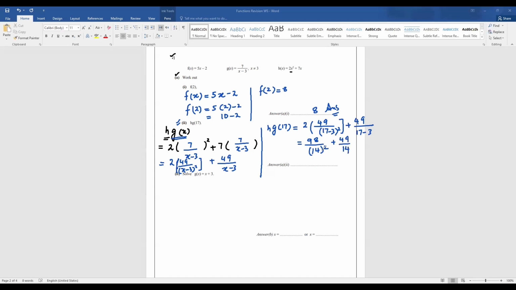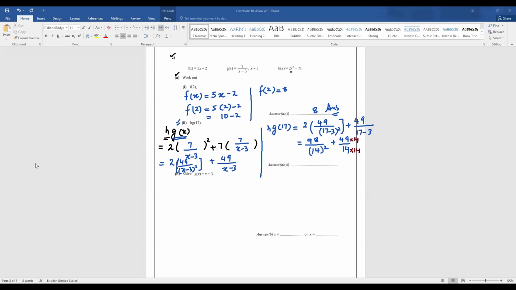As we can see, this is 14 square, and this is 14. Between the two fractions, there is a plus sign. So what we are going to do is make the denominators equal. How can I make the denominator equal? If I multiply up and down with the same number.